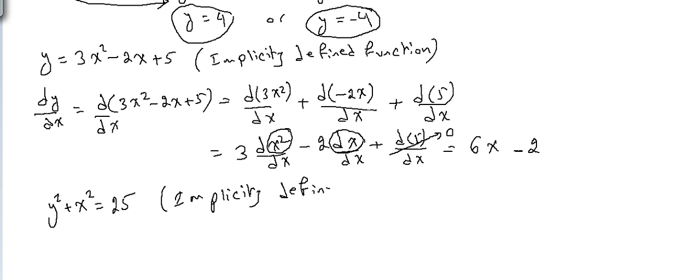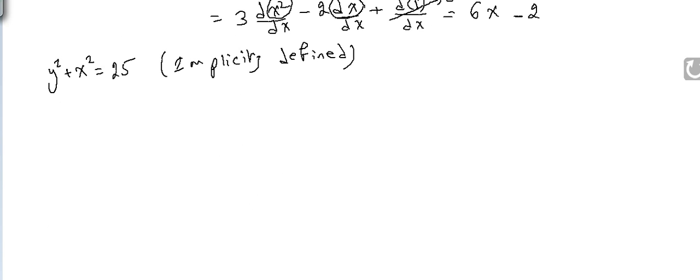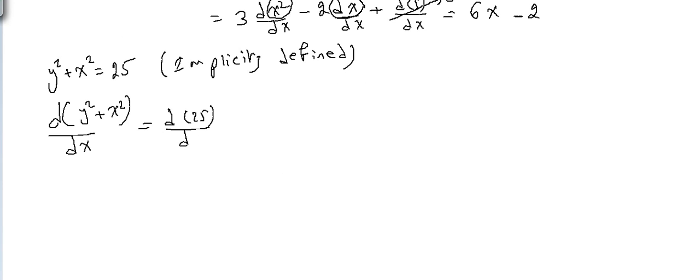And this is what our video is about: how to derive the implicit equation, or the implicitly defined function. Okay, we derive both sides, right? The derivative of y squared plus x squared with respect to x is the derivative of 25, also with respect to x.